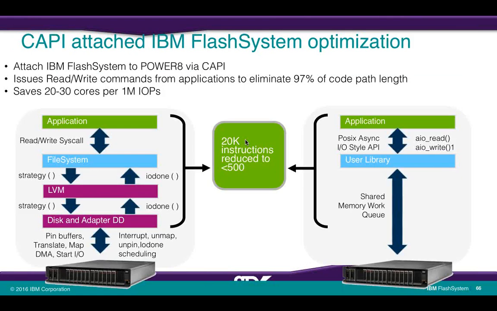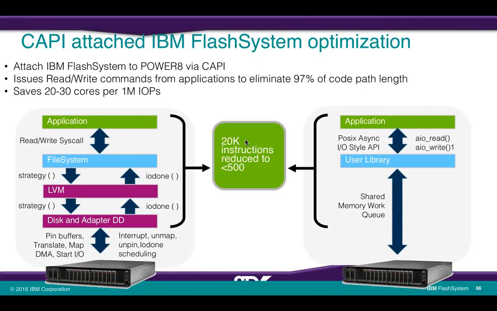What CAPI tried to do is reduce the instruction set. You're eliminating the traditional stack of doing I/O, and you're effectively going straight to the flash storage. So you're getting the performance of flash instead of slowing it down through the traditional Fibre Channel SCSI instruction set.